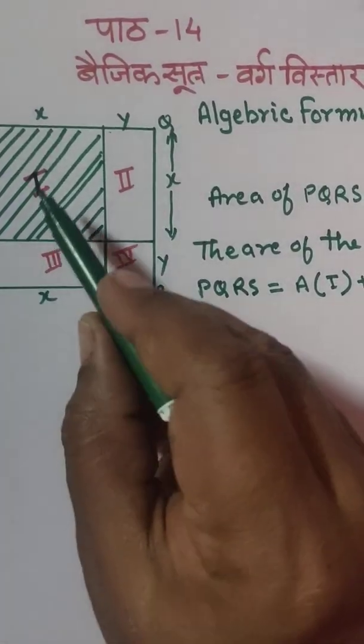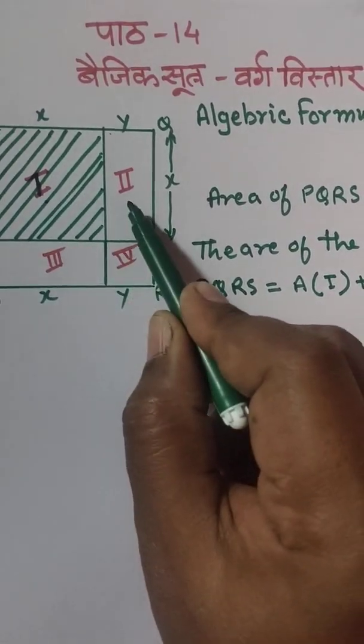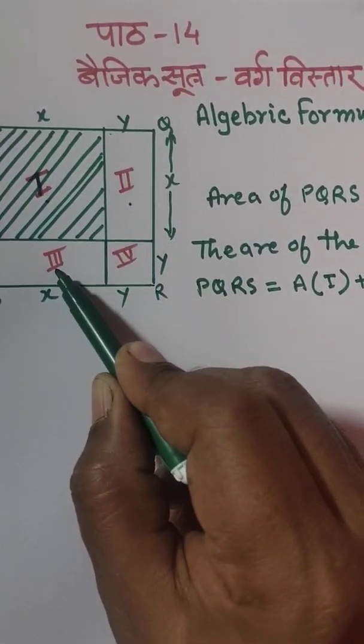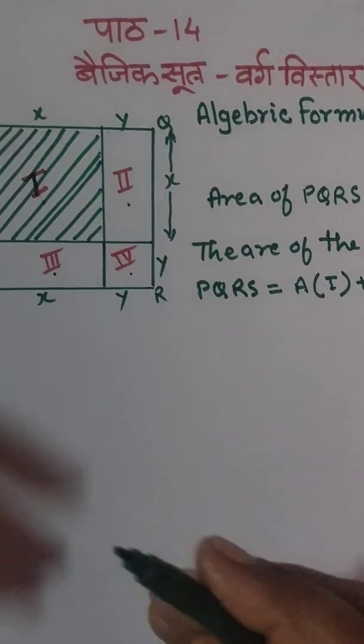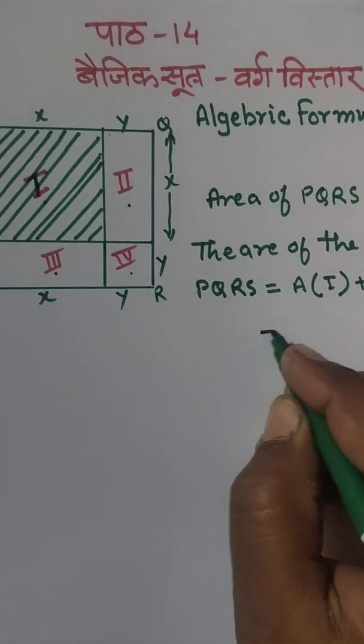That means the area of first, area of second, area of third and area of fourth. Then what is the area of first?